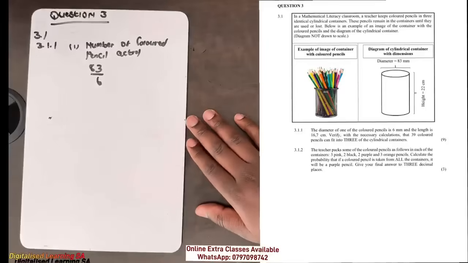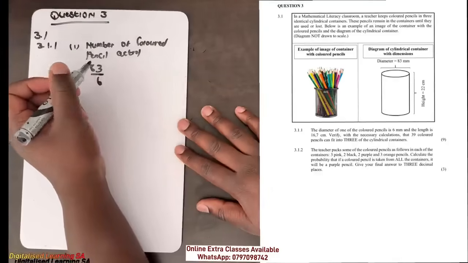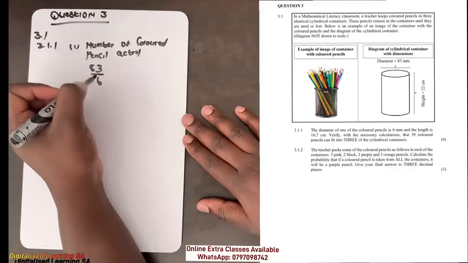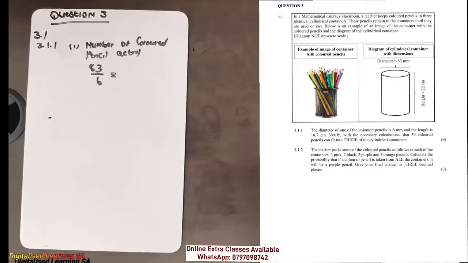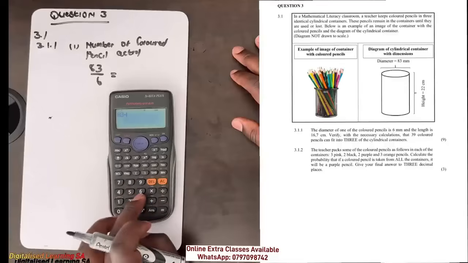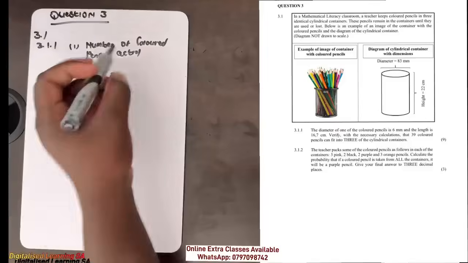So if we want to find the number of pencils inside the cylindrical container, we take the diameter of all the pencils that can fit inside the container, and then divide by the diameter of one colored pencil, which is 6. Then we can find the number of pencils that can fit in one cylindrical container. So we say 83 divided by 6, and our answer will be 13.83.